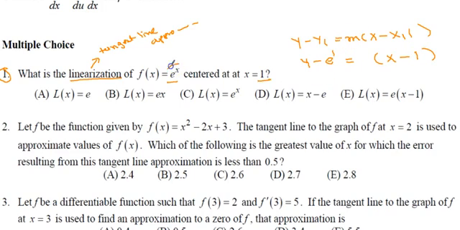The slope: the derivative of e to the x is also e to the x, and if I substitute at 1, that's also e. That's my equation of tangent line. So which would be the answer? If I simplify, y is equal to e times x minus e plus e to the 1, and this gets cancelled. The answer is B.